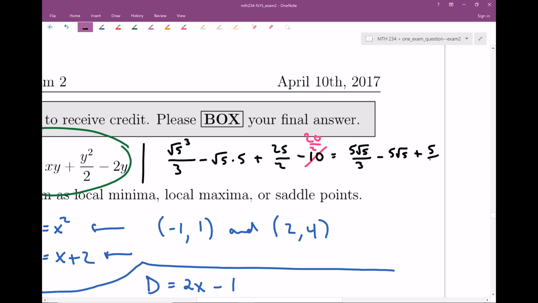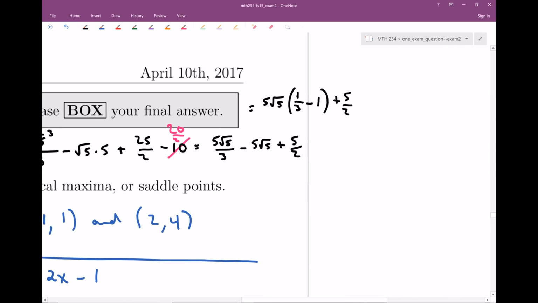We have 5 root 5 in both of these, and then we have 1/3 minus 1, which is negative 2/3. So that's negative 10 root 5 over 3 plus 5 halves.